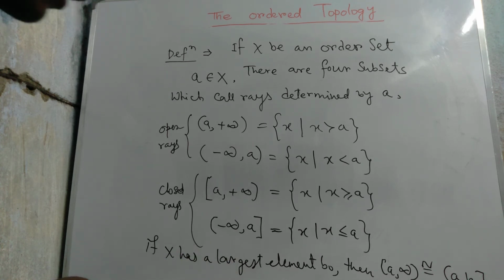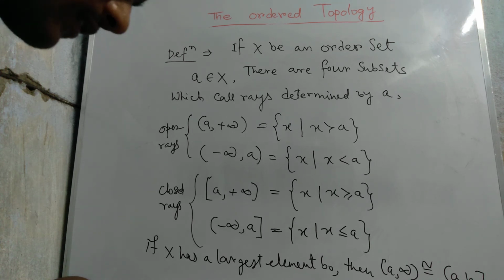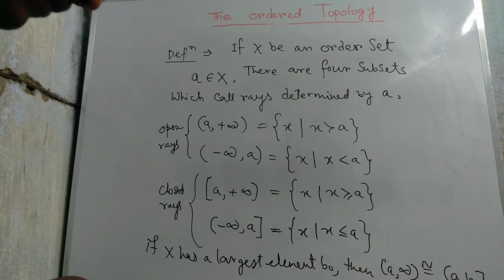So here we also discussed order topology. That means an order topology is defined wherever an order exists, ordinary order or dictionary order, any type of order, and this order gives some basis elements, and these basis elements create some topology.